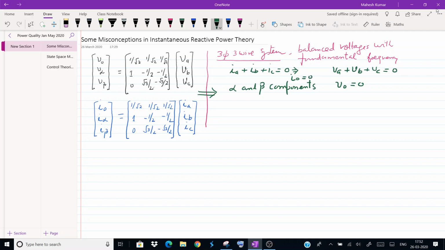So we can write the voltage in only two variables, V alpha and V beta, as this matrix, which is 1, minus half, and 0, root 3 by 2, minus root 3 by 2, close this bracket, this into VA, VB and VC.